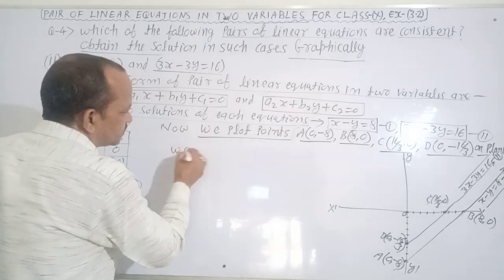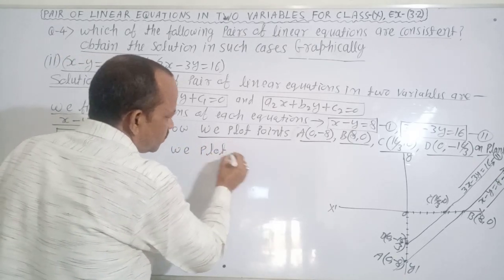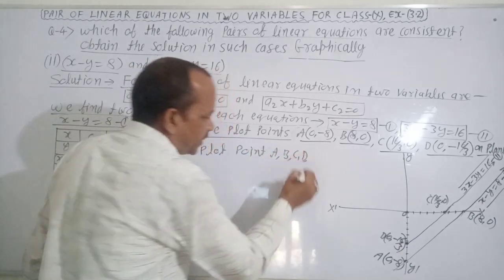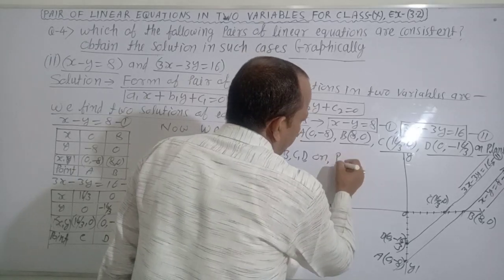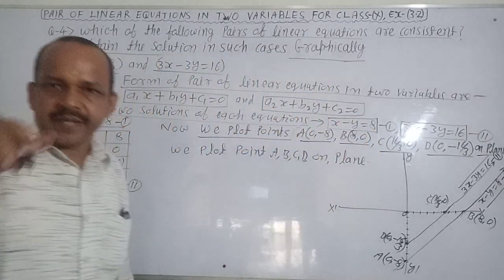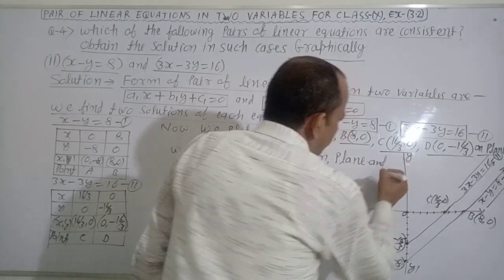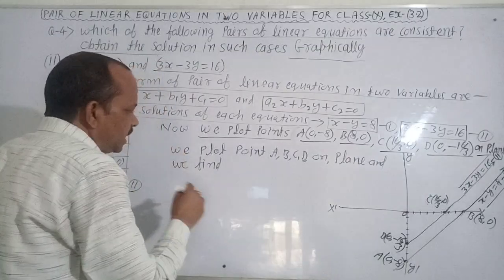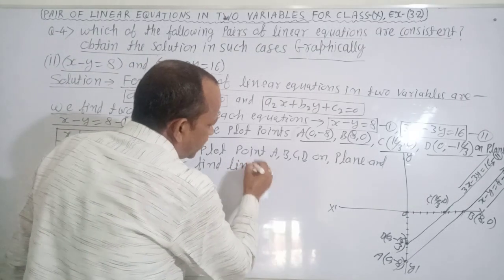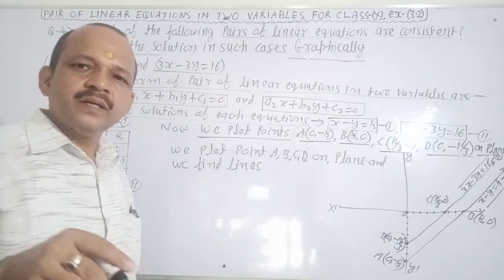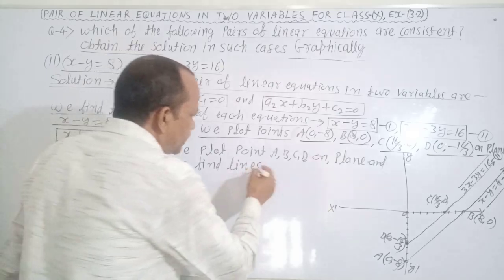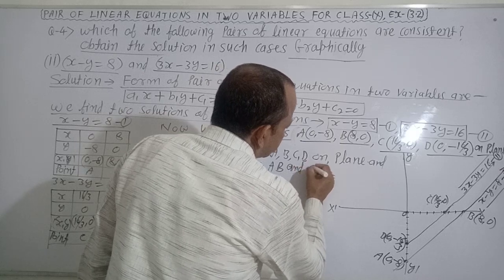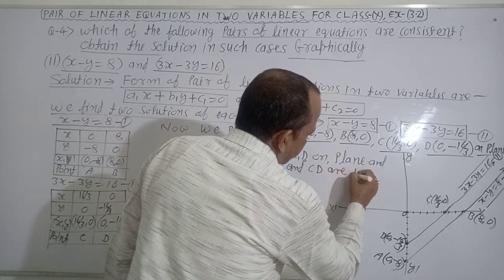We plot points A, B, C, D on the plane. And we find lines AB and CD are parallel.